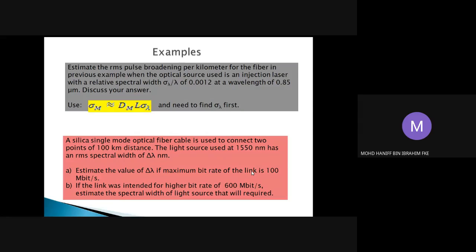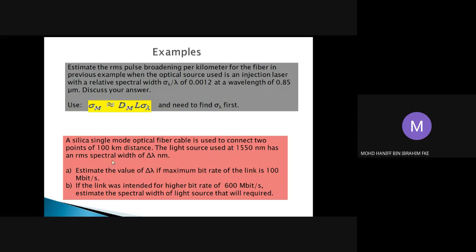We are given a single mode fiber, which is silica based, a distance of 100 kilometer, a light source of 1550, and the RMS spectral width is delta lambda. We need to obtain what the delta lambda should be if the maximum bit rate of the link is 100 megabit per second.